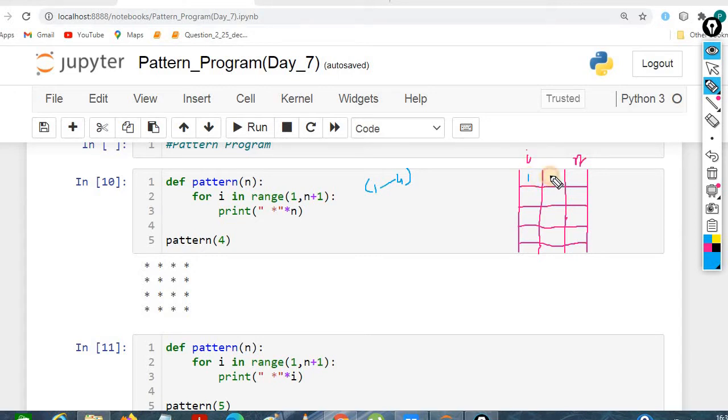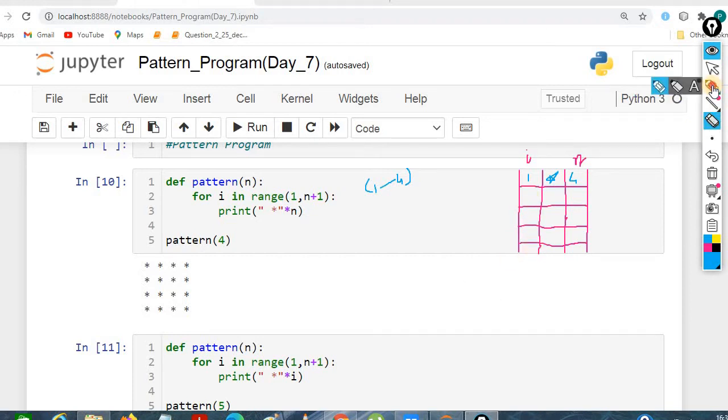Then it considers the star pattern, and the star is multiplied with n. Here n is 4, so we multiply the star by 4. This is the repetition operator. I hope you remember the repetition operator.